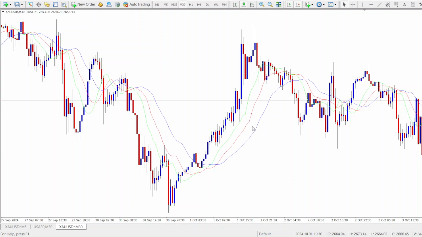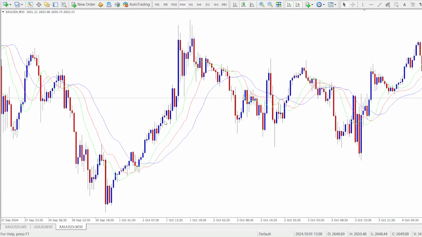The strength of the trend is usually indicated by these three lines being wide apart. As we can see here, while the lines were wide apart, the trend was quite strong, indicated by the length of the candlesticks and the continuous downward movements of the candlesticks.